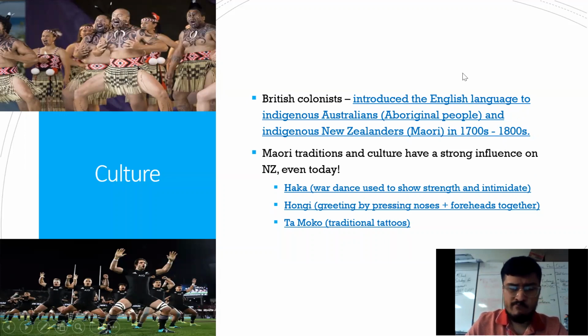Now, around the time of the 1700s and 1800s, though, British colonists, kind of kickstarted by the quote unquote discoveries or the travels of Captain Cook from Britain, came. After he went to those areas of New Zealand and Australia, he sort of cued in that there's land here that maybe British people want to come and join in on. And with that, these British colonists that eventually came over to Australia and New Zealand introduced the English language.